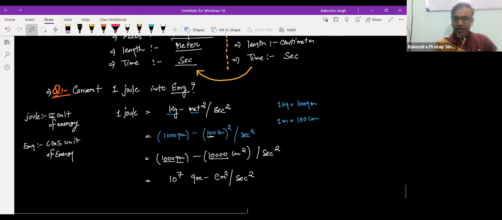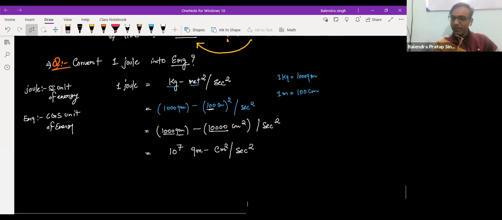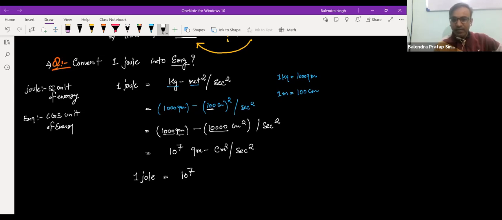So here you convert this joule into erg, and what is the result? Here 1 joule is equal to 10 raised to the power 7. I can also write this as 1 kilogram meter square per second square.